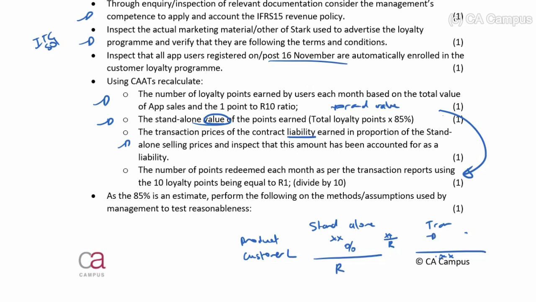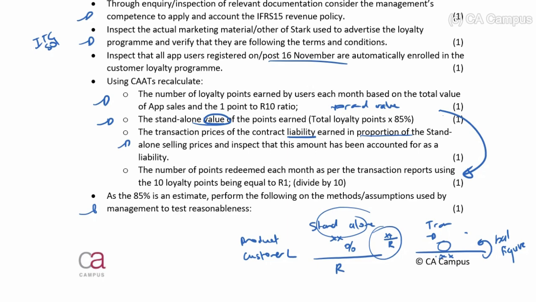And then the transactional price for the customer loyalty is the balancing figure. Okay, so when I say we're looking at the proportion and according to the standalone selling prices, that's what we're looking at, that ratio, in order to calculate the transactional price.